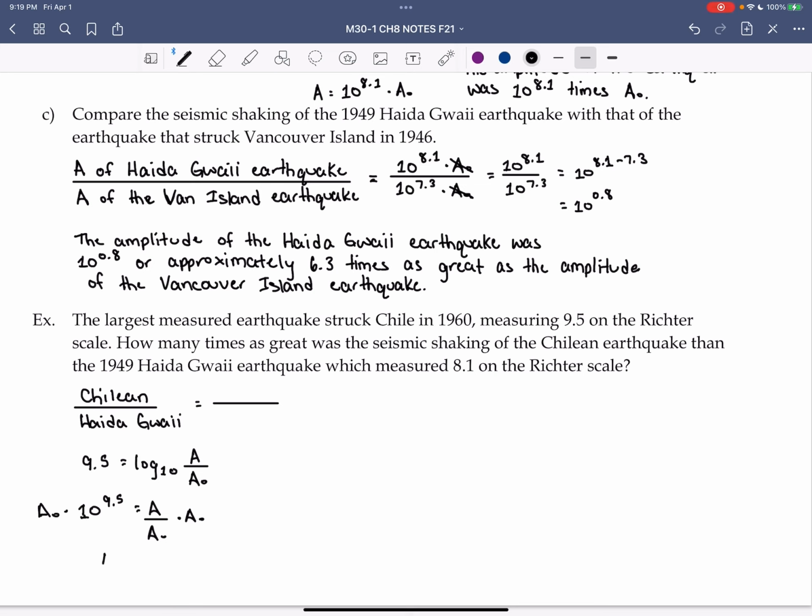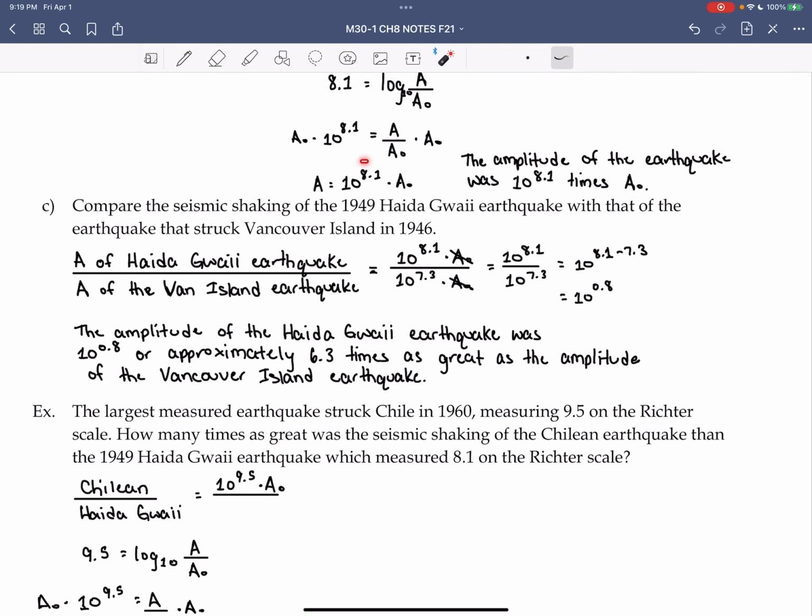So we get the amplitude of the Chilean earthquake is 10 to the power of 9.5 times A0. That goes on top of our fraction. And on the bottom is the amplitude of the Haida earthquake, which we had up here, 10 to the power of 8.1 times A0.